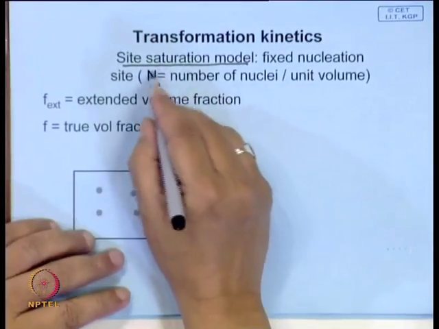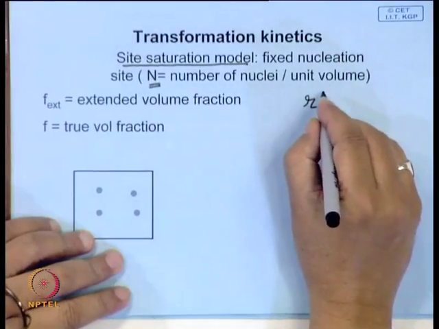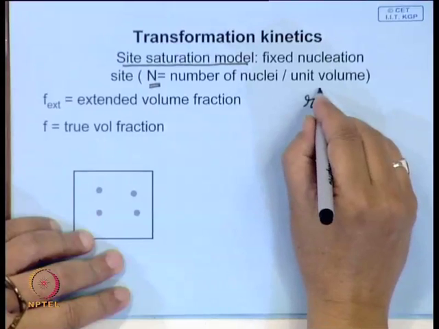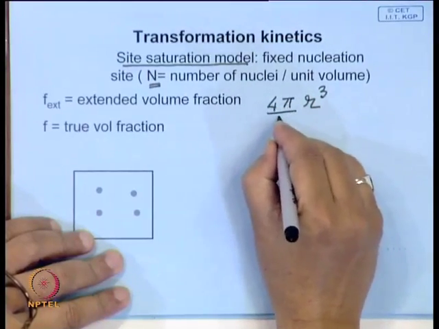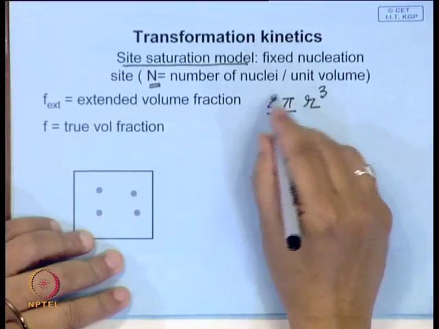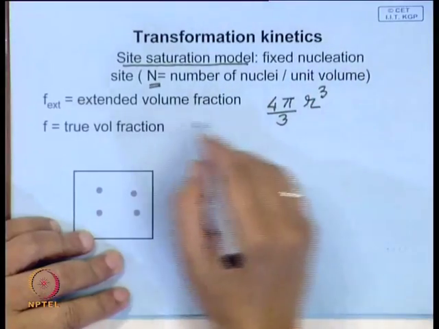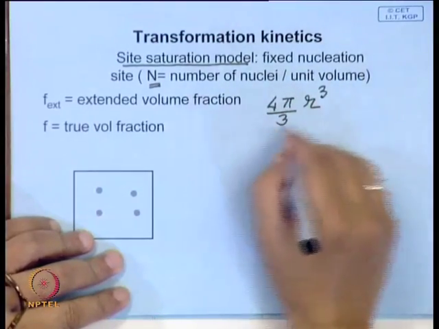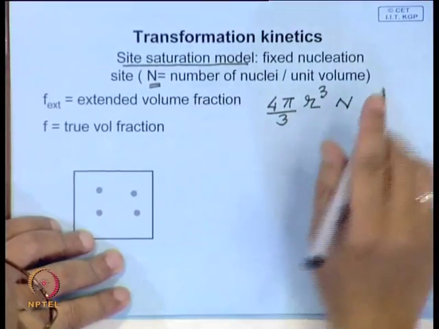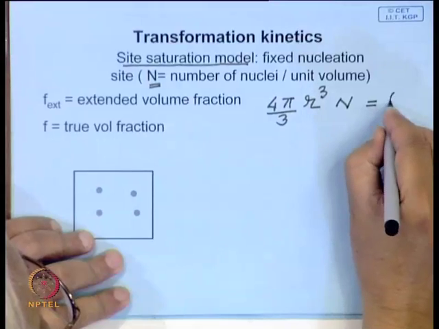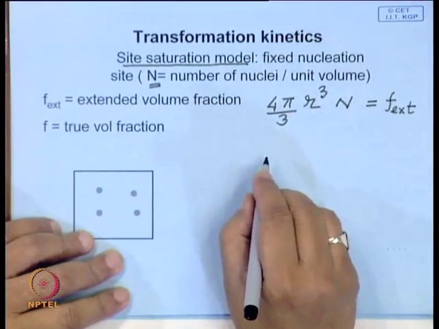You can easily find out, if the radius of that nucleus is r, the volume will be proportional to 4 pi by 3 r cube. And if there are n nuclei of this type, you multiply this with n, and this we can say is equal to the extended volume fraction.